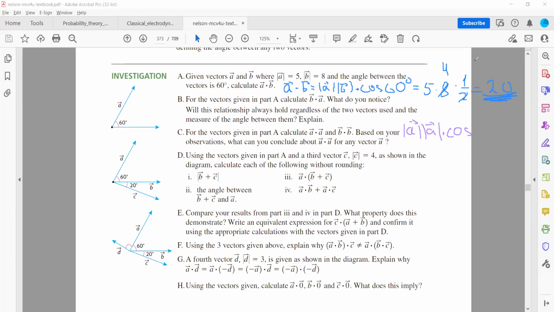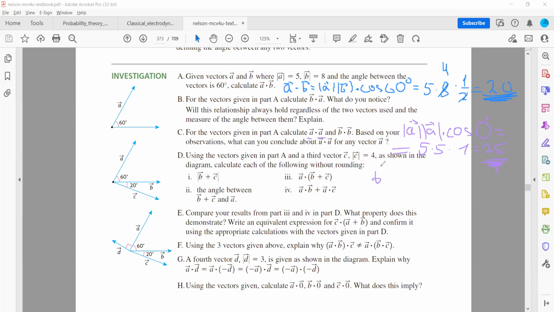I believe it's supposed to be 0, because if two vectors are equal, they're collinear, which means the angle between them is equal to 0. This will simplify our life because cosine of 0 degrees equals 1. So we're going to have 5 times 5 times 1, which gives us 25. The dot product of vector A by A is 25.